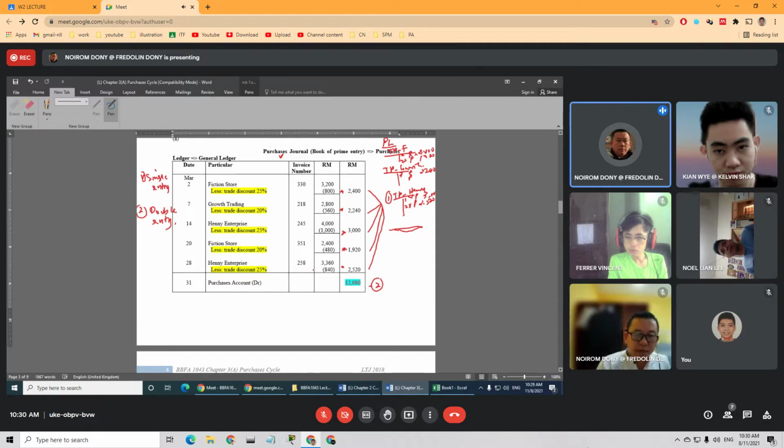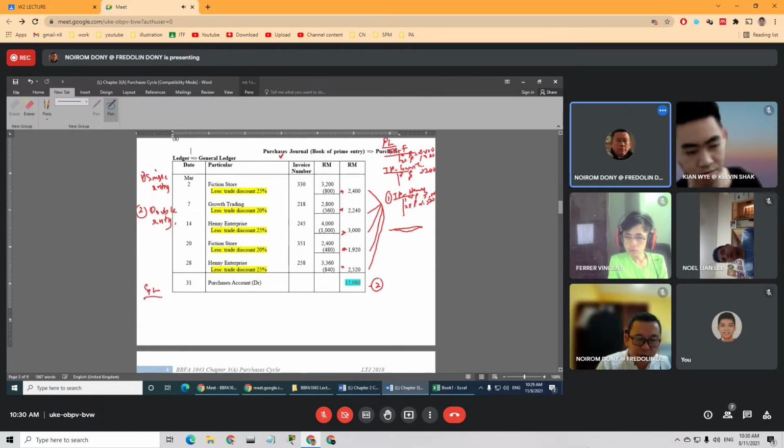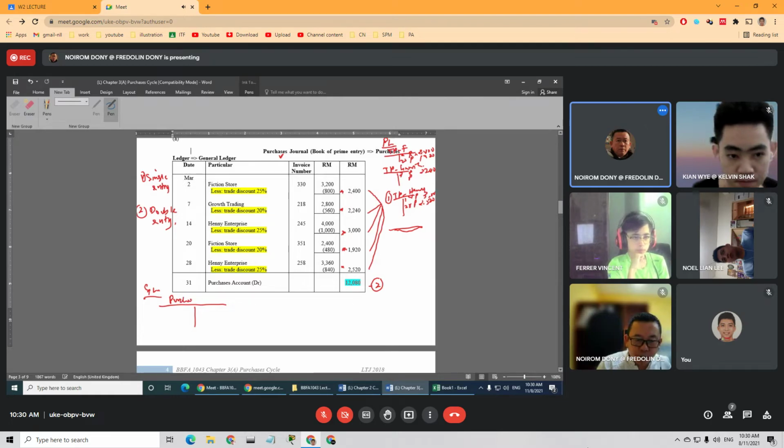Now the second step, end of the month. In the general ledger, we are going to open a purchases account and then a trade payable control account. This is where we are going to do double entry.